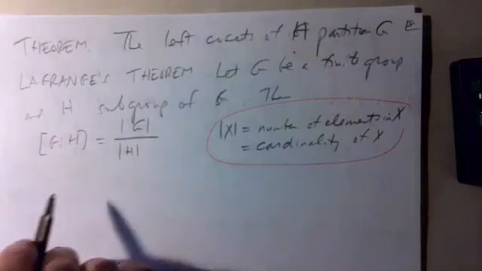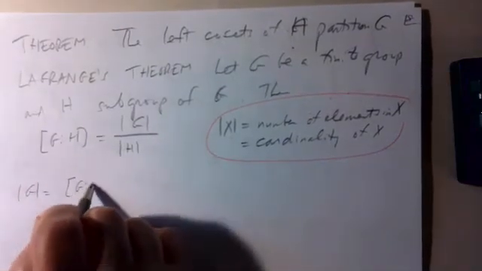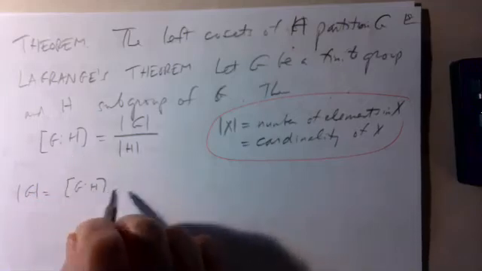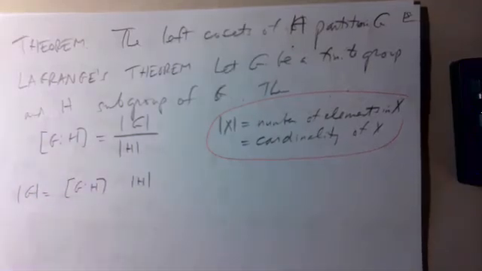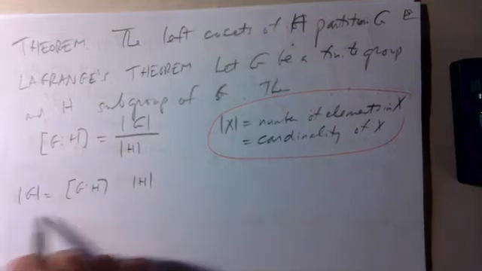Another way of saying this is that the order of G is the index of H in G times the order of H. And these are all positive integers.